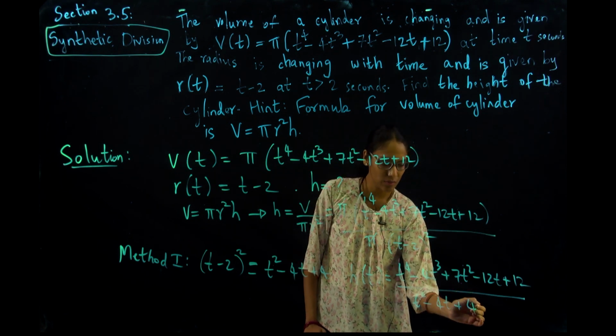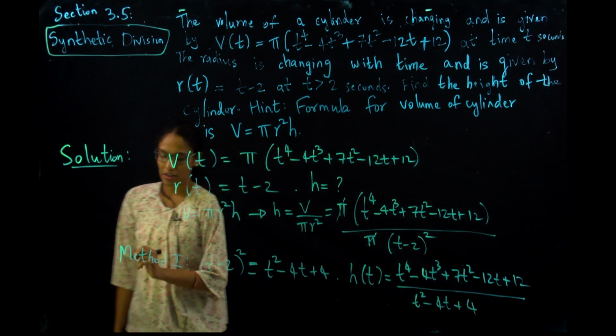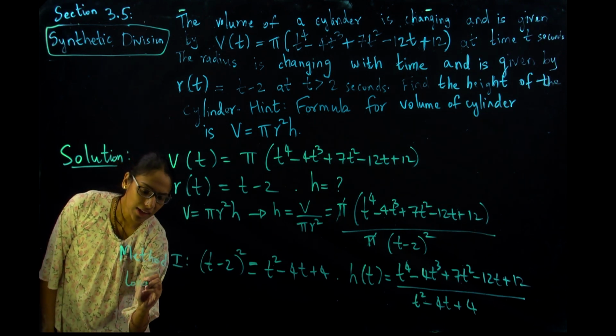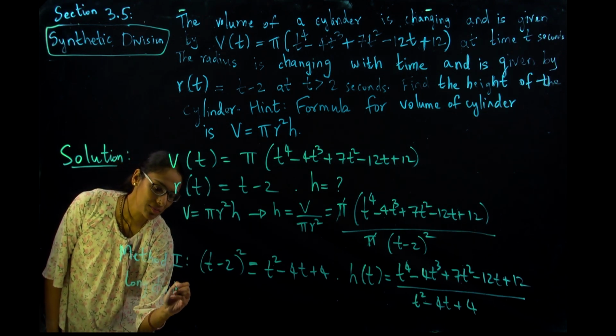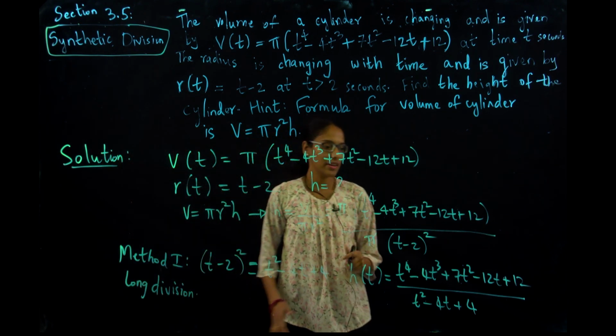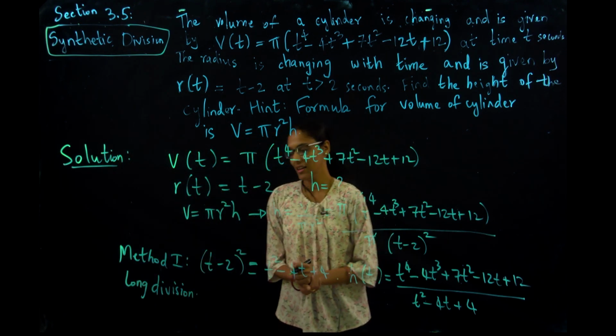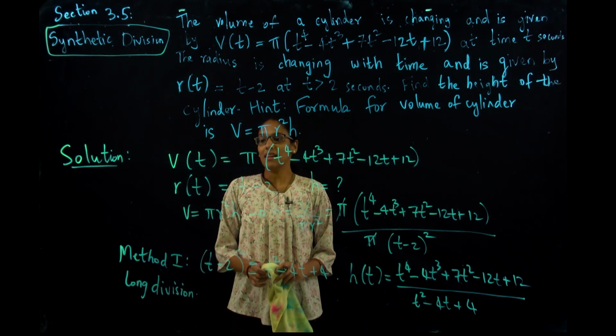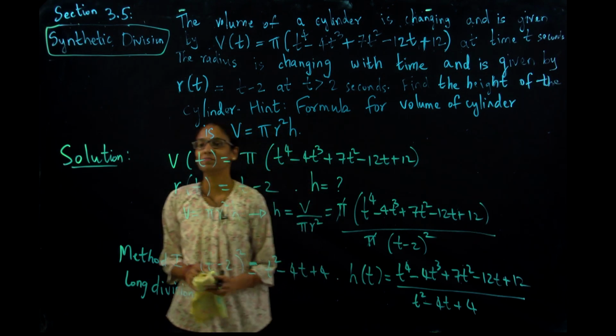So this is method 1 by doing long division. Here we are going to see the second method of doing synthetic division, which might make your calculation slightly easier if you try that.